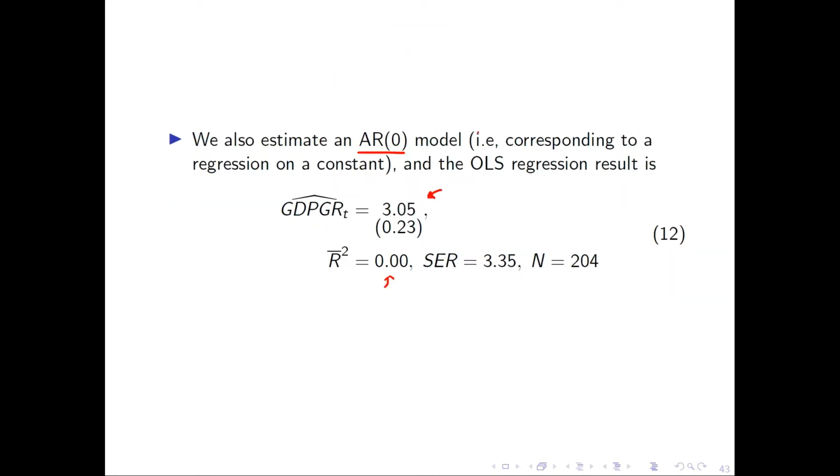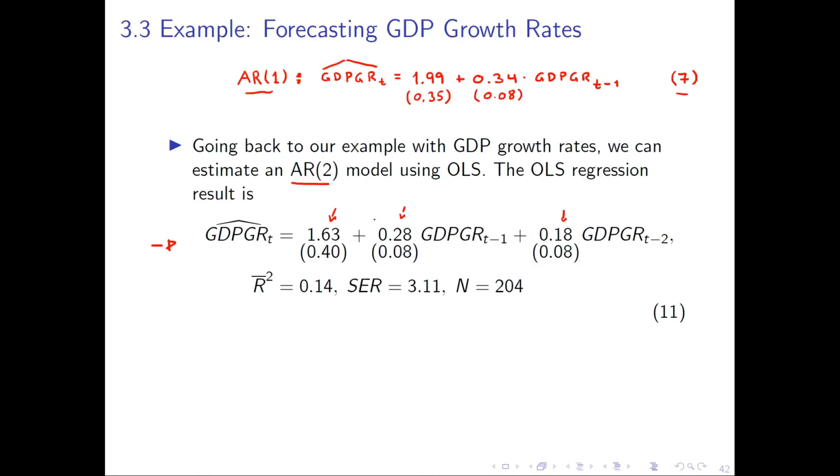And we see from our model that we have a constant term of 1.63. We have a coefficient of 0.28 on the first lag, and we have a coefficient of 0.18 on the second lag.